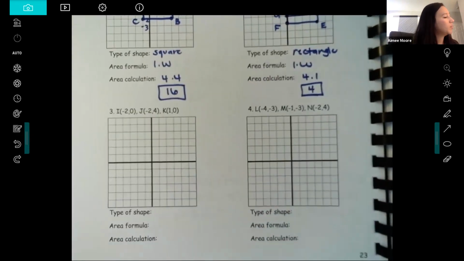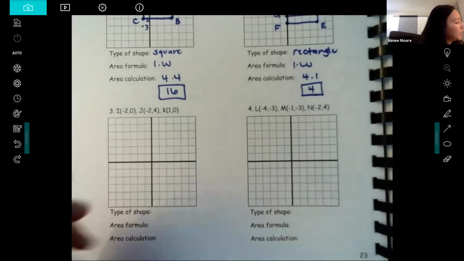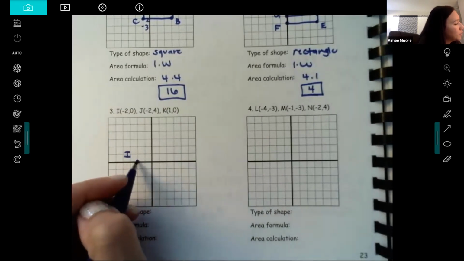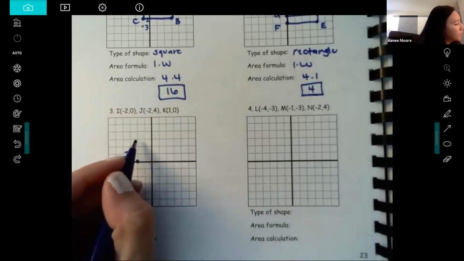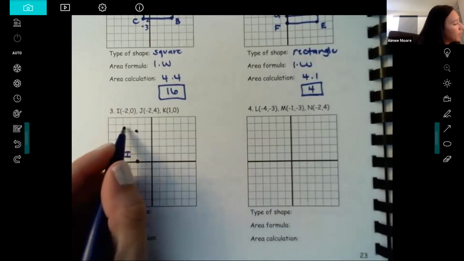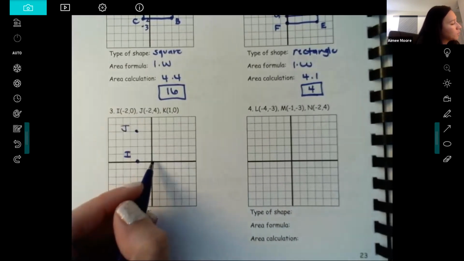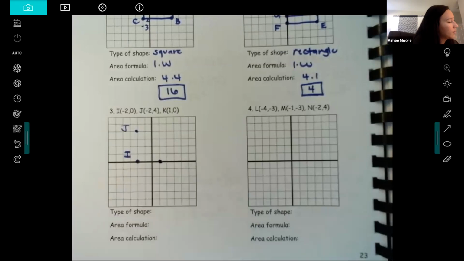Okay, let's do number 3. We have negative 2, 0. That's point I. Negative 2, 4. 1, 2, 3, 4 is J. And K is 1, 0.